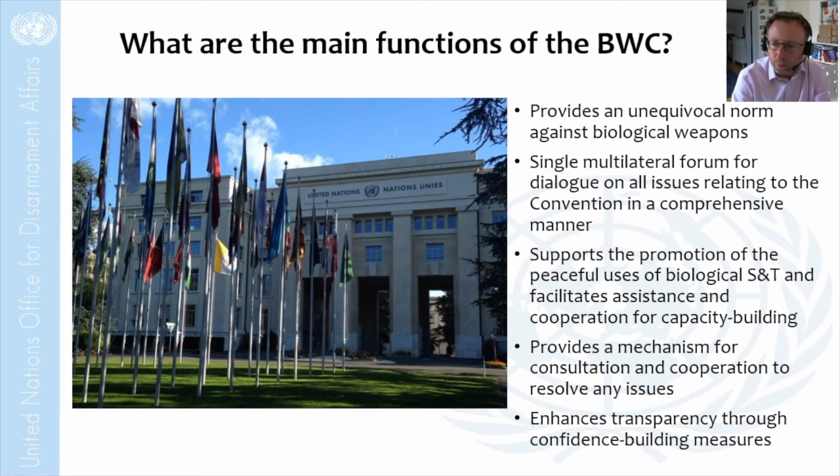It supports the promotion of the peaceful uses of biological science and technology, and also facilitates assistance and cooperation for capacity building, particularly for developing countries. The convention also provides a mechanism for consultation and cooperation to resolve any issues or ambiguities, and it also enhances transparency through confidence building among its states parties as well, mainly through the mechanism of the annual reporting under the confidence building measures system.